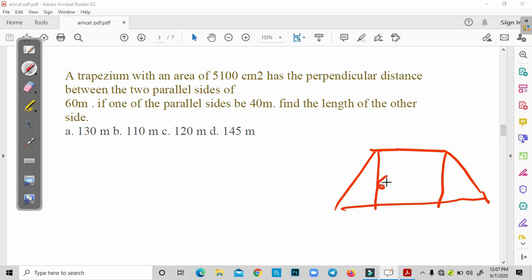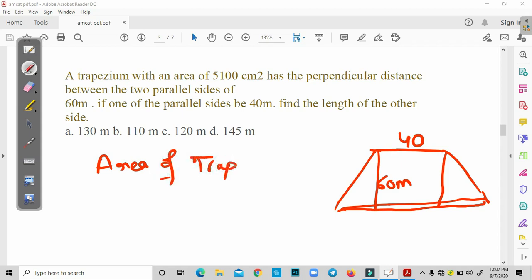Now he is saying this distance is 60 and one of the sides is 40. We need to find the other one, and we know the area. So area of trapezium is equal to half into a plus b into h. Here a, b, and this one is h.